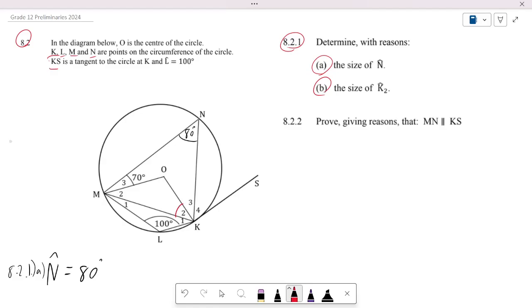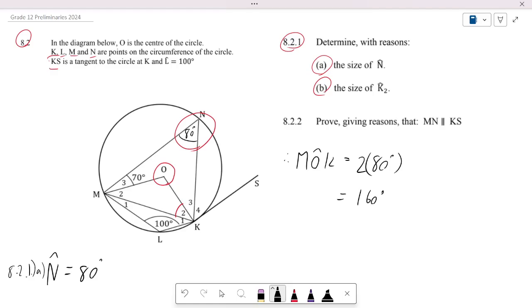What we can see here is that we have an angle at the circumference, and from that information we will know what the angle is at the center. So let's start with that quickly. We're going to say that, therefore, angle MOK, meaning this angle here, is going to be equal to 2 times the 80 degrees, because remember that the angle at the center is 2 times the angle at the circumference. 2 multiplied by 80 is just 160 degrees.